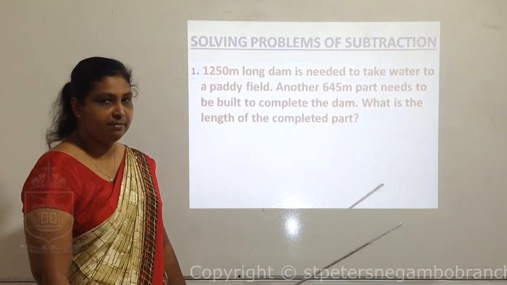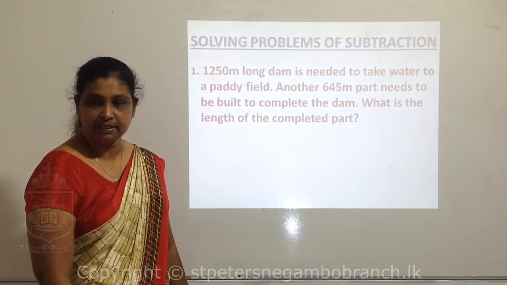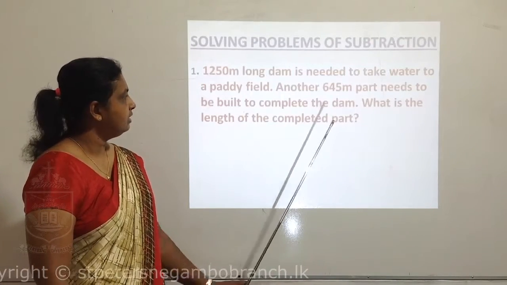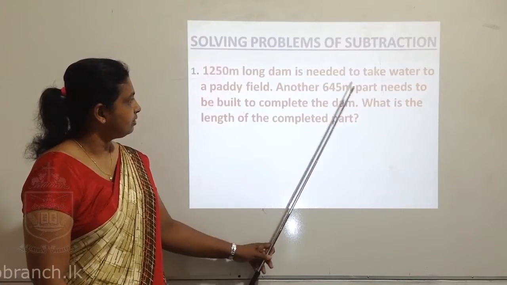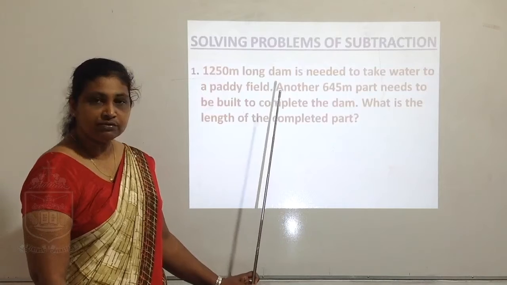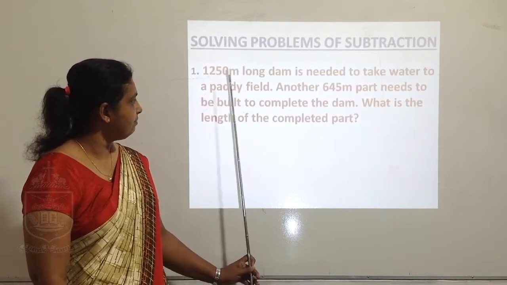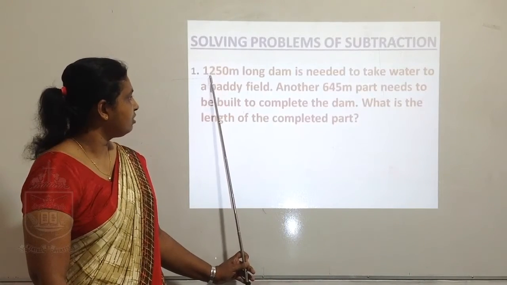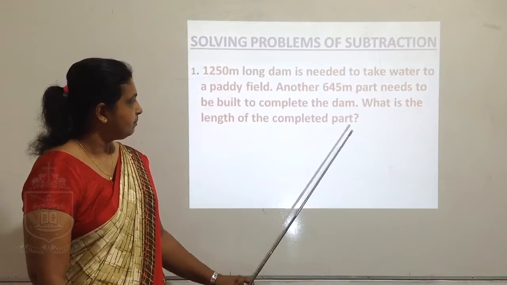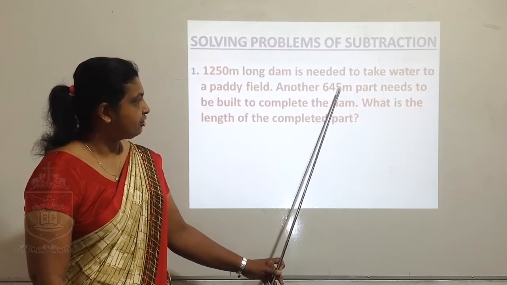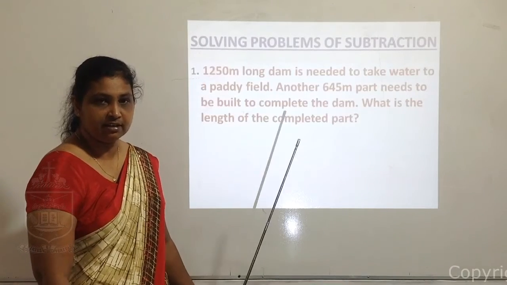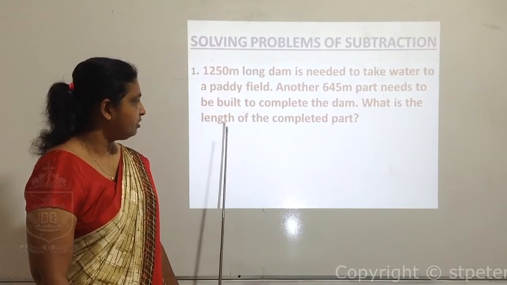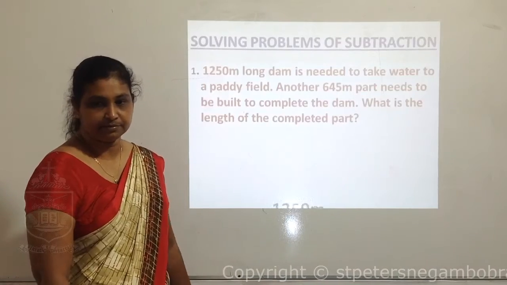So still this dam is not totally completed. So you have been given that the length of the dam is 1250 meters. This 645 meter part needs to be built. Some part is already done. So we have to find the length of the completed part.